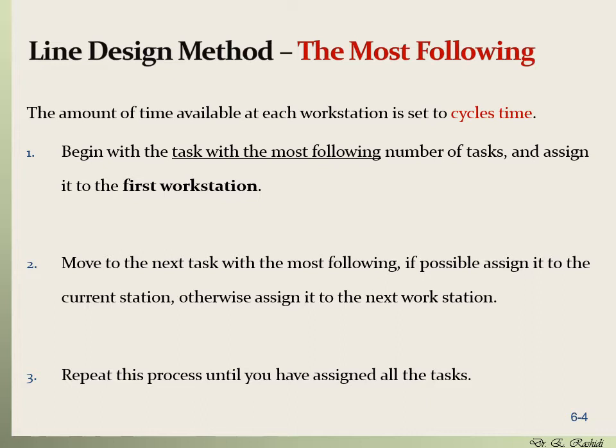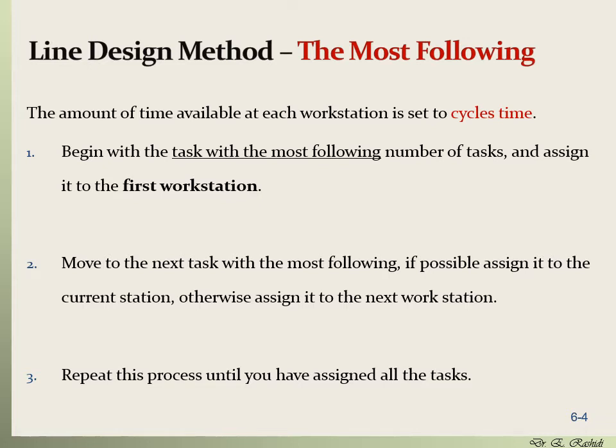The second step is to move to the next task with the most following. So you prioritize or rank the tasks based on the number of following tasks. The task with the most following goes to the first station.